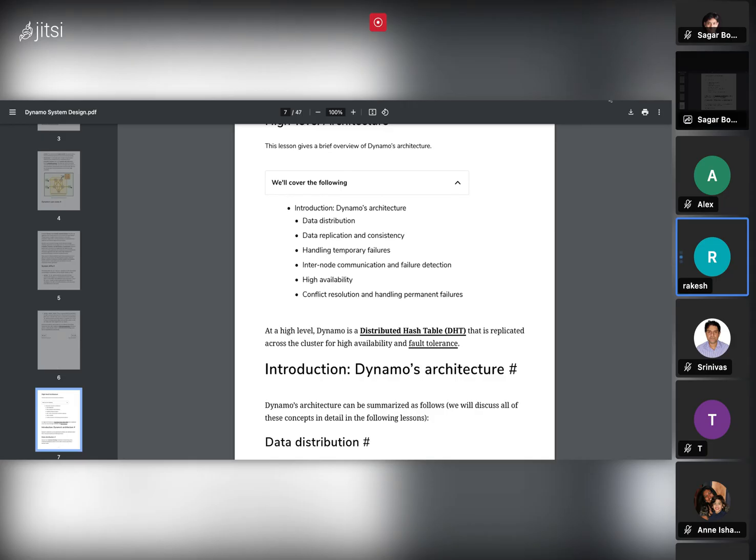Third is handling temporary failures. Fourth is inter-node communication and failure detection, high availability, conflict resolution, and handling permanent failure. At a high level, Dynamo is a distributed table that is replicated across the cluster for high availability and fault tolerance.